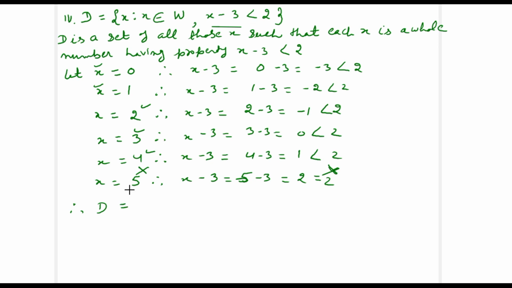So students, if I write D in the roster form, this would become 0, 1, 2, 3, 4, right? And our cardinal number would become n(D) equal to 4. This is our required answer, right? Now move on to the next, that is part 5.